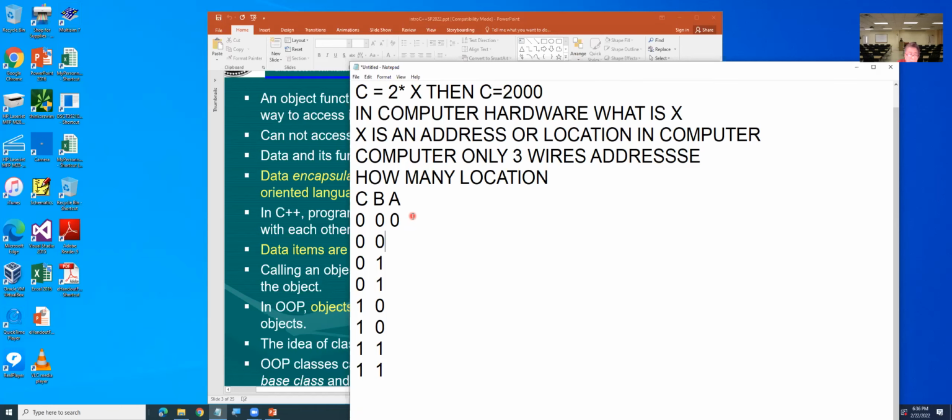So there will be 8 combinations. Eight combinations for 3 wires.